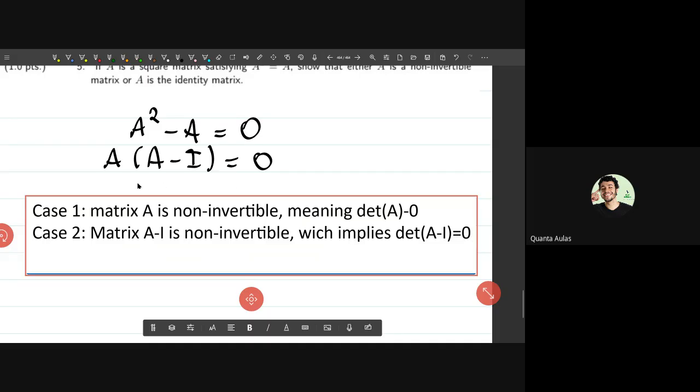But if this is true, this thing might have a non-trivial kernel, okay? So this is very important to us.